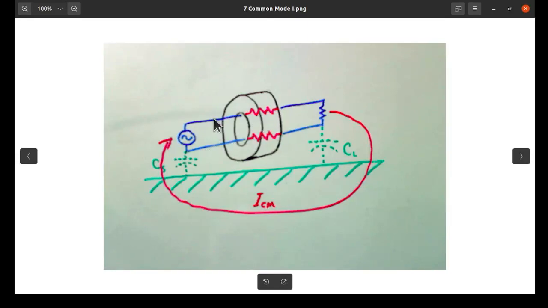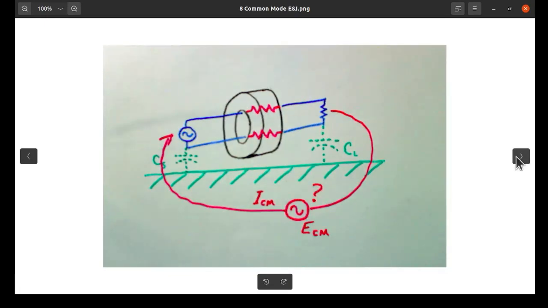And this path goes through both of these leads equally, so they're snubbed equally. They both see this resistance. This path, however, is balanced in that when this is positive, this is negative, and when this is positive, this is negative. So these resistive elements are never present in this blue circuit.